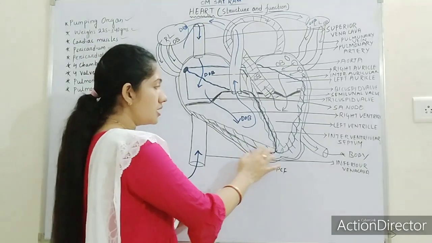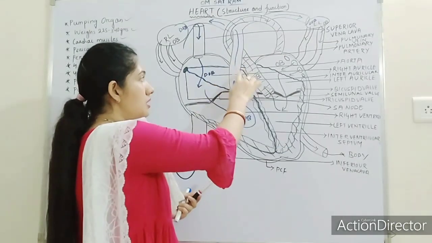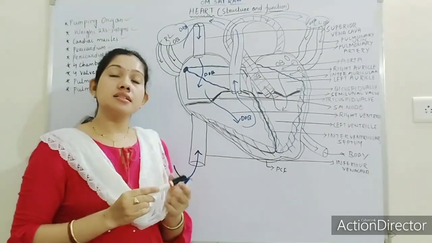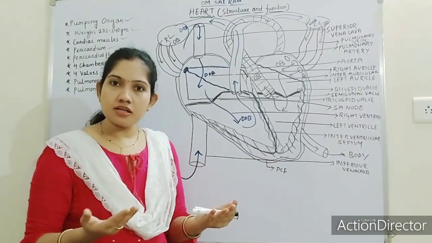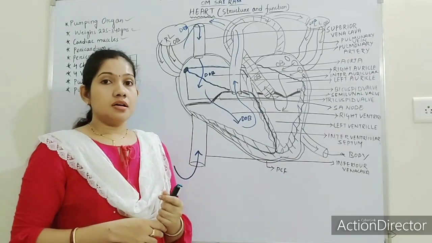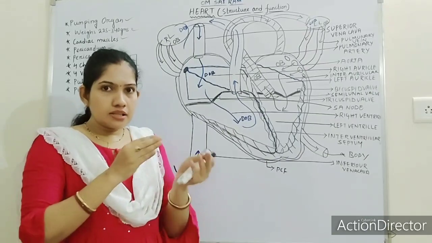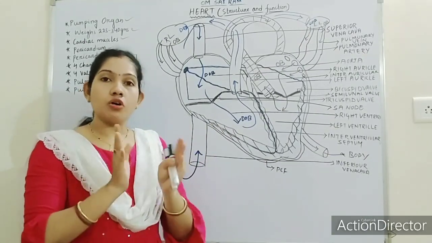So the cardiac muscles are also supplied with connection from the SA node, so that the rhythmic expansion and contraction of the heart will be maintained. Sometimes you might have heard about the surgery where in old age, if the SA node does not work, then the rhythmic contraction and expansion of the heart will be blocked.